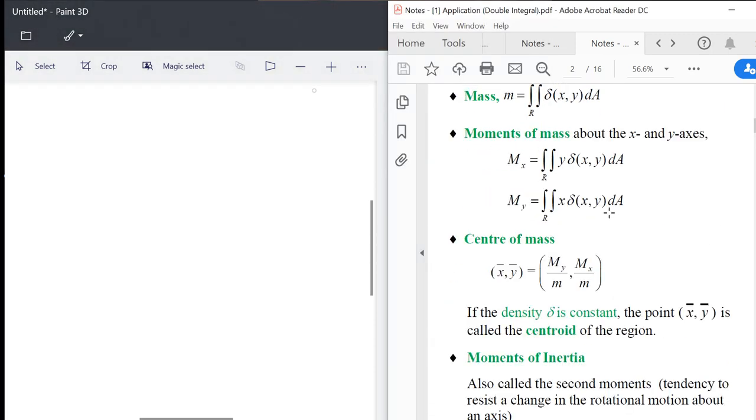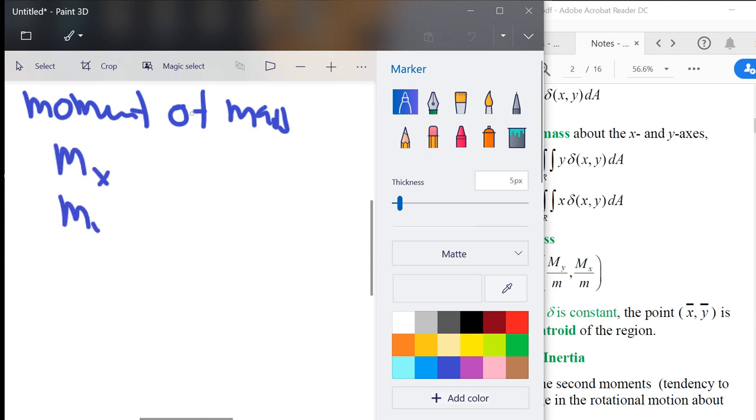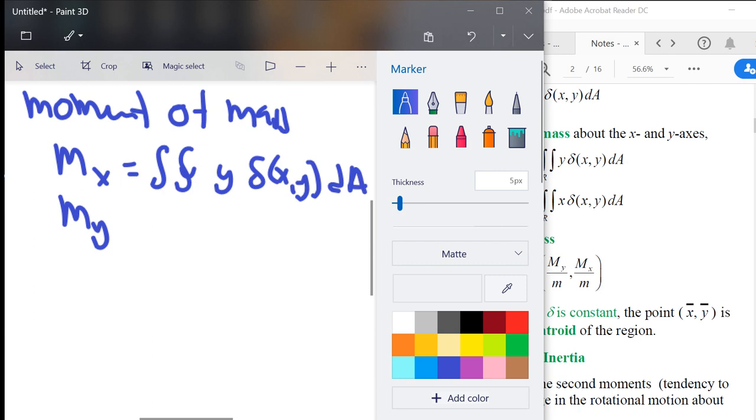Let's say we have moment of mass here, we represent Mx and My. So Mx is the double integral of y times delta of x, y, times dA, either dx dy or dy dx, where delta is the density. The moment of mass about the y-axis is equal to the double integral of x times delta of x, y, dA.